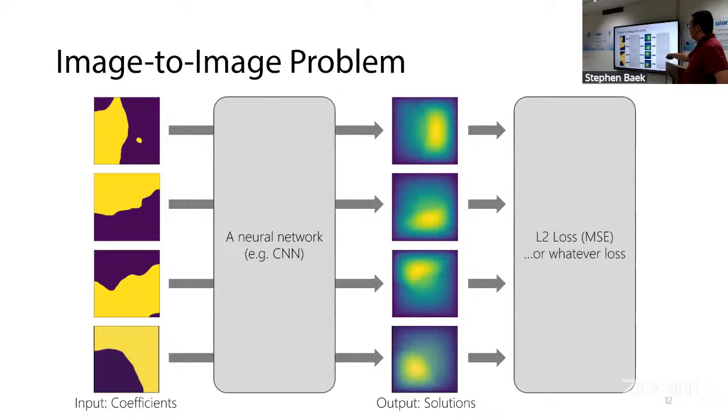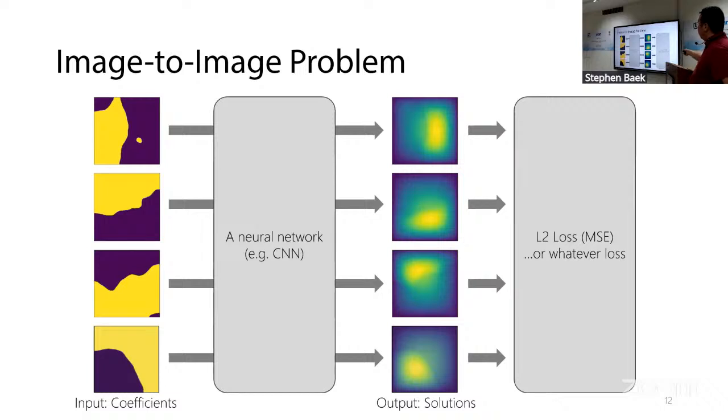Okay. And let's say we have hundreds of such pairs in the training data set. So what you ought to do is train the network to be able to perform that conversion or translation from one image to another image.